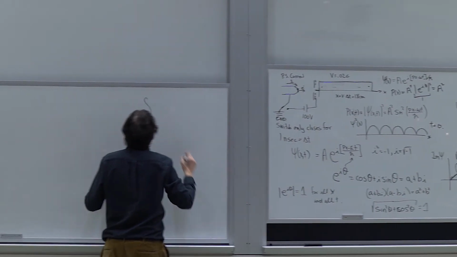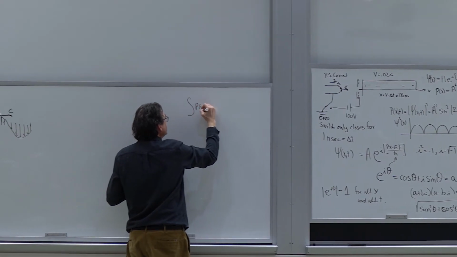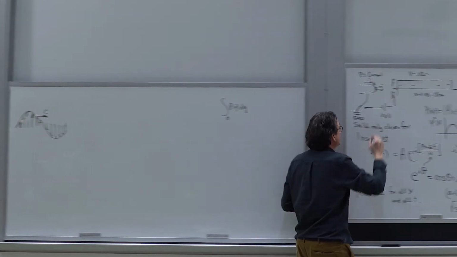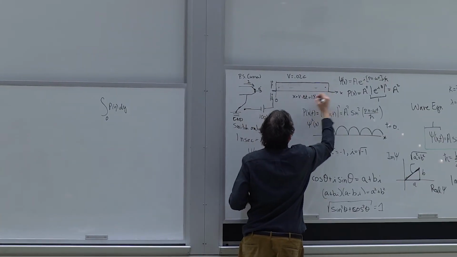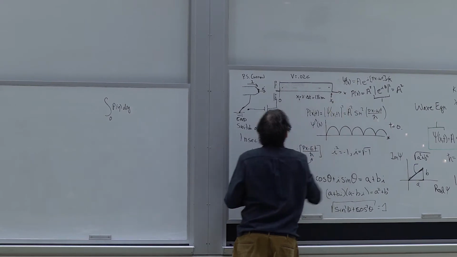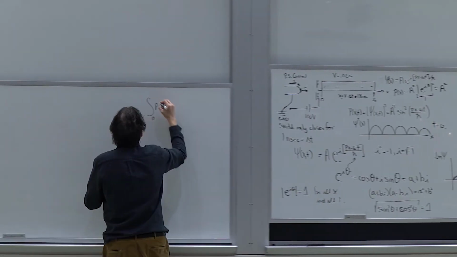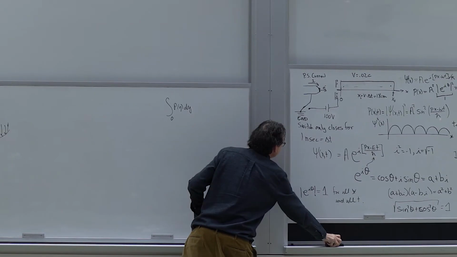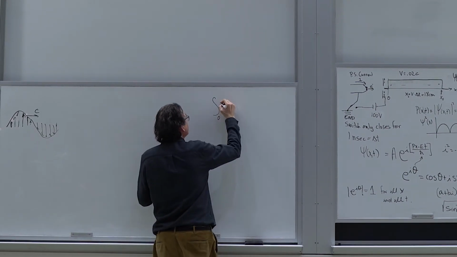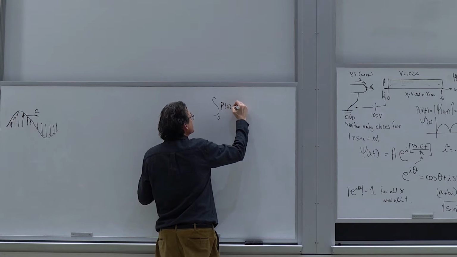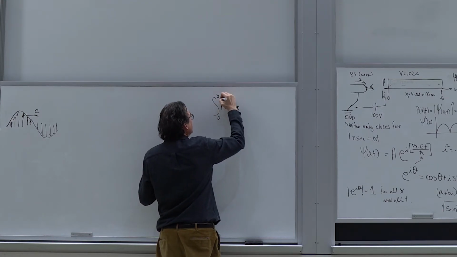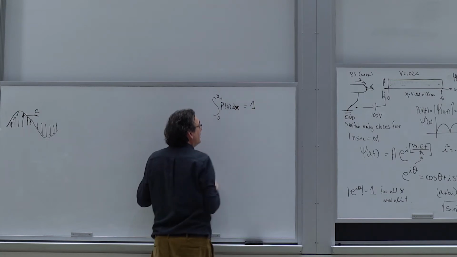So the integral of the probability, p of x dx, from 0 to x0, must add up to 1. I'm sorry, we're in x.